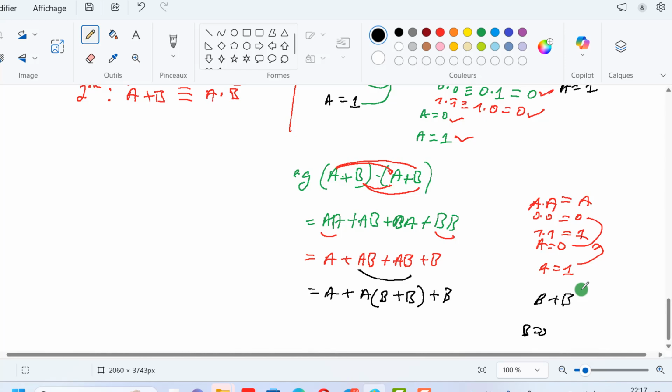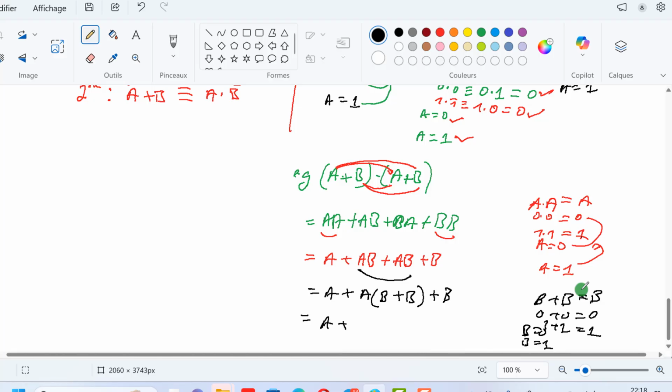When B is 0, you have 0 plus 0, which is 0. And when B is 1, you have 1 plus 1, which is 1. When B is 0, you have 0, which is B. When B is 1, you have 1, which is B. So B plus B is B. Good.